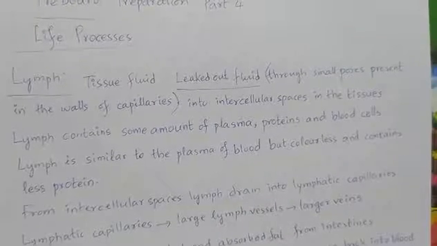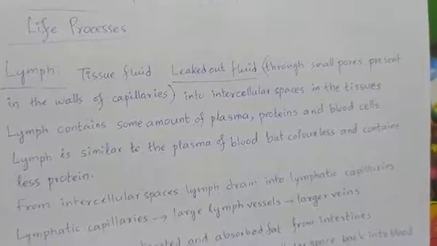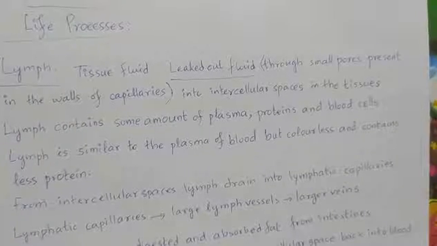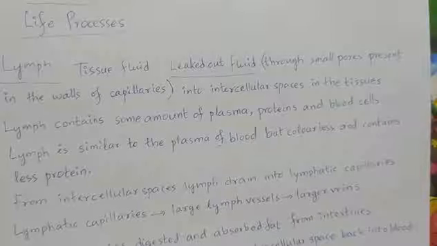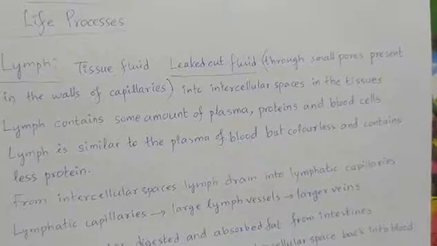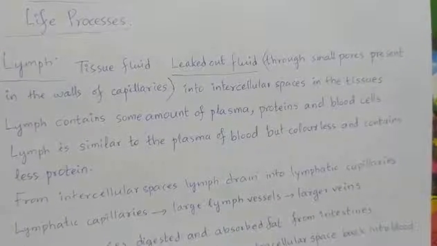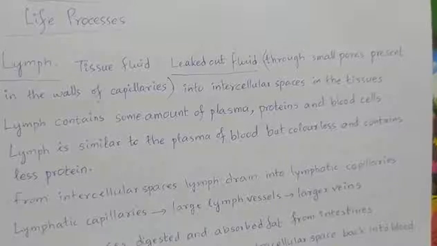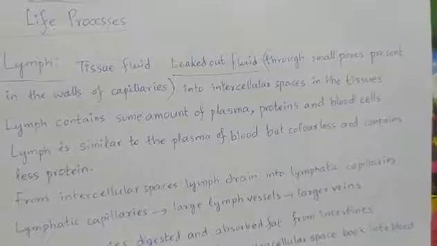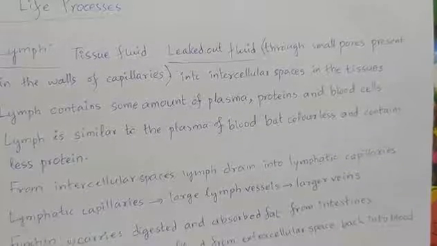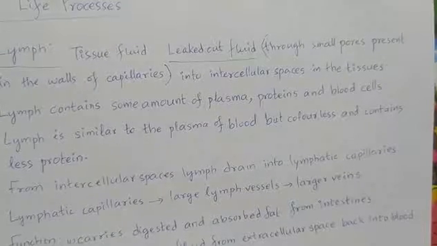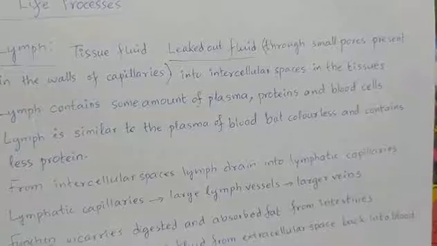Lymph. Lymph is also known as tissue fluid or interstitial fluid or leaked out fluid or extracellular fluid. So many terms are there. And lymph is the fluid leaked out through the small pores present in the walls of the blood capillaries.